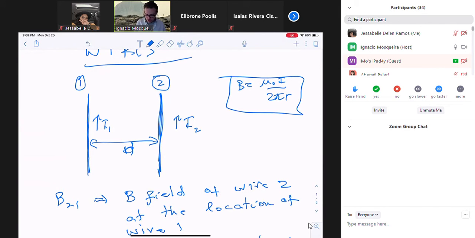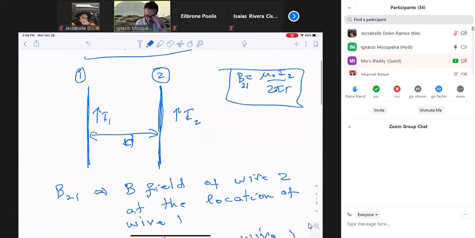So if we're calculating B21, the B field of wire 2 at the location of wire 1, then what we would like to do is use the B field of wire 2, so it's the current of wire 2. If we're going to calculate that, then we need wire 2 for that. I suppose there is some problem I could give you where it would matter how you do things.